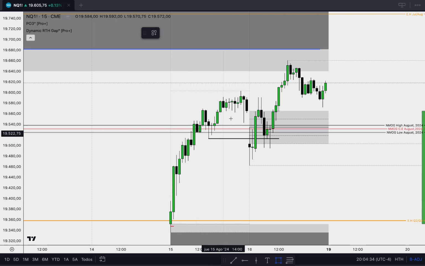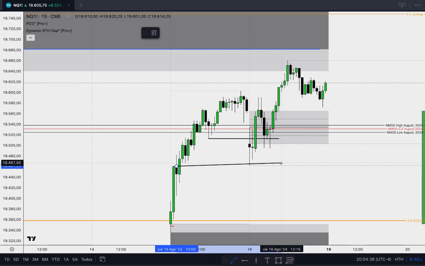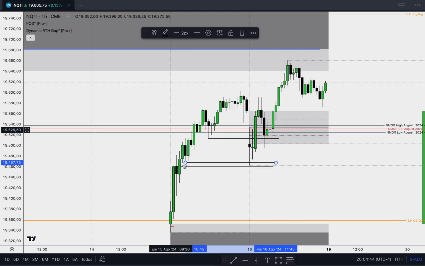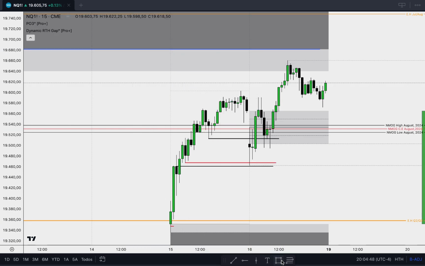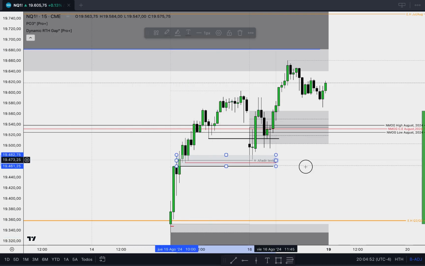you look for a discount array and you have this opening. And we have here another short-term low. And the most sensitive part of this order block is this range.